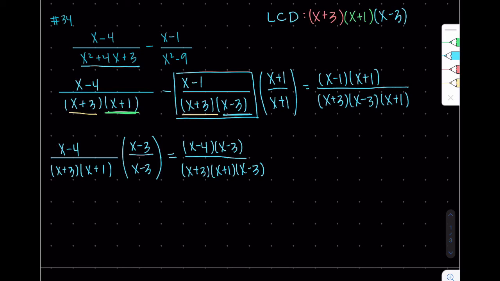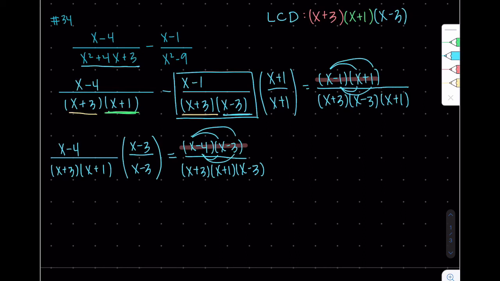Okay, so now before we add these together, I'm just going to multiply out these numerators in the front, and it'll just make it easier to add. So that's super simple. You know how to FOIL. First, outside, inside, last. I'm going to do the same thing down here.